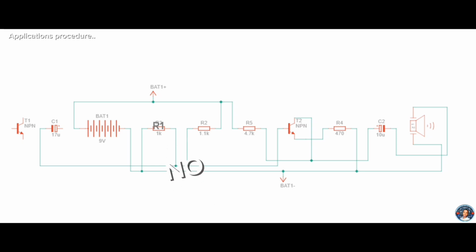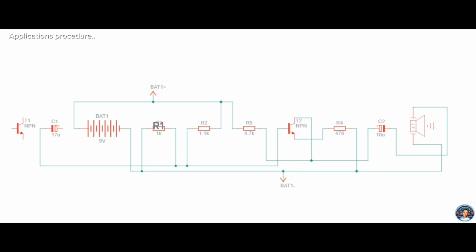Watch this one. You can see a 4.7 kilo ohm resistor right here. This 4.7 kilo ohm resistor is connected to the positive side of the battery, and the other side of the resistor is connected to the collector of the transistor.